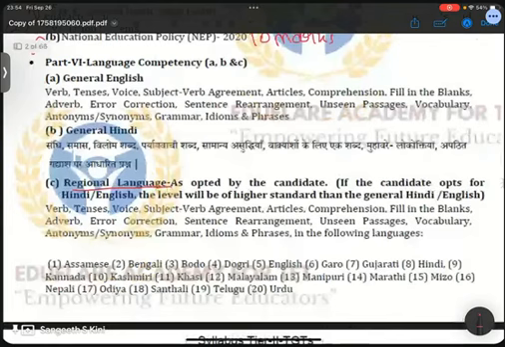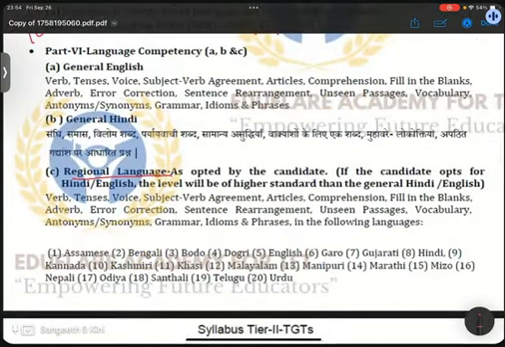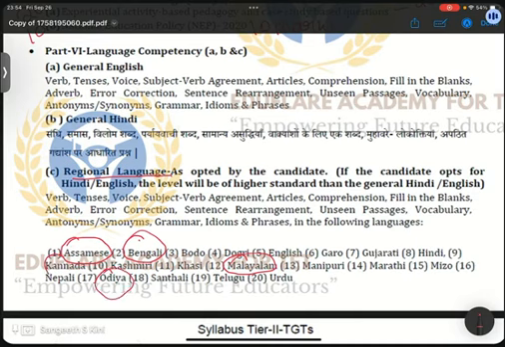You can choose your regional language, such as if you are from Assam, you can choose Assamese, and if you are from Bengal, you can choose Bengali, and also Malayalam, Odia, Kannada. These are the regional languages you can opt for. Or if you do not want to choose a regional language, you can choose English again.